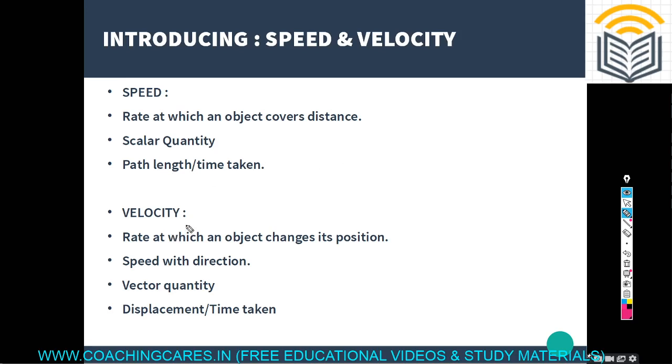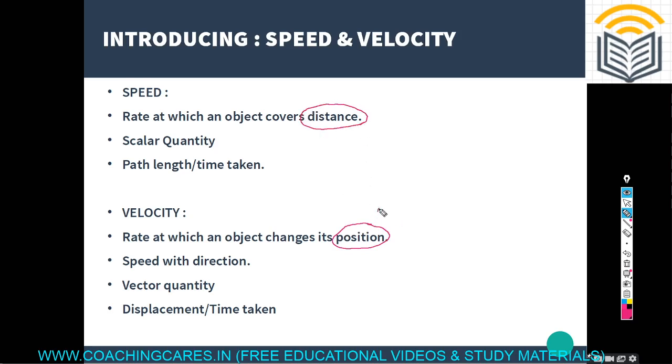At the same time, velocity is very much similar. The difference between velocity and speed is that velocity has magnitude and direction also. The rate at which an object changes its position is called the velocity, whereas speed is the rate at which the object covers the distance. So position and distance are the important terms while defining both quantities.